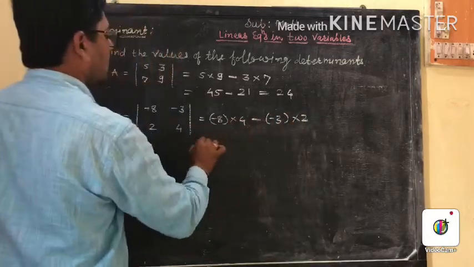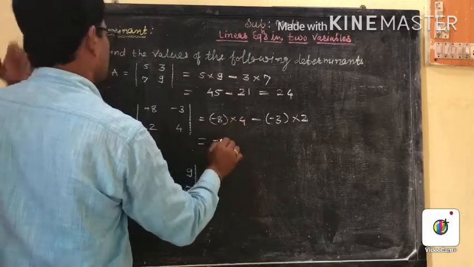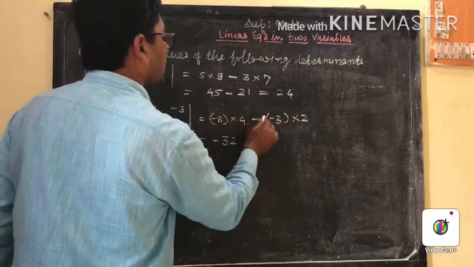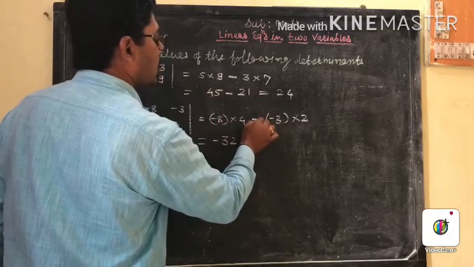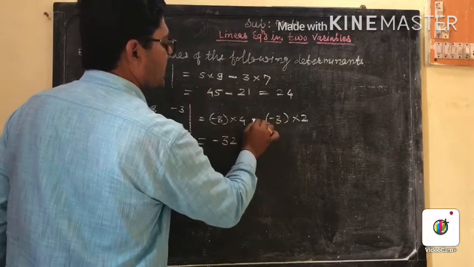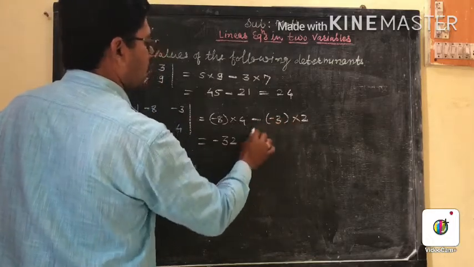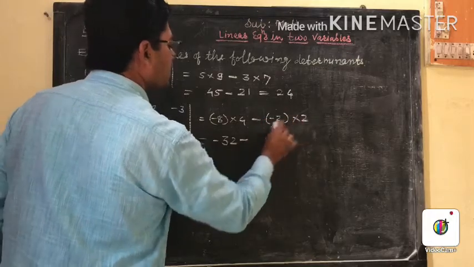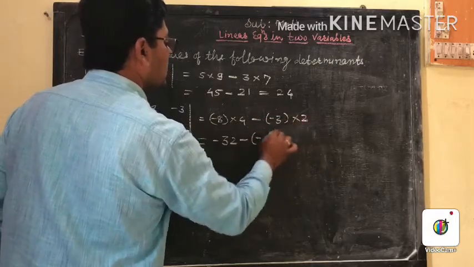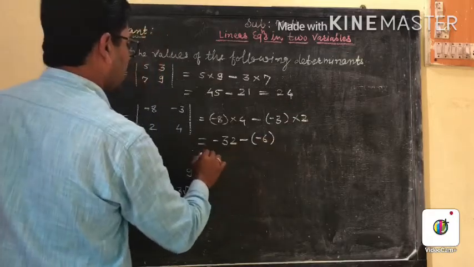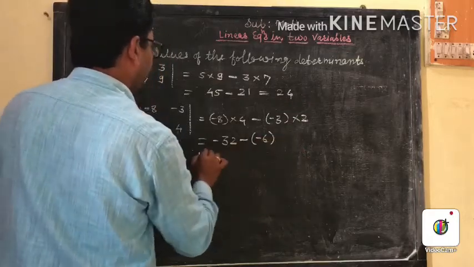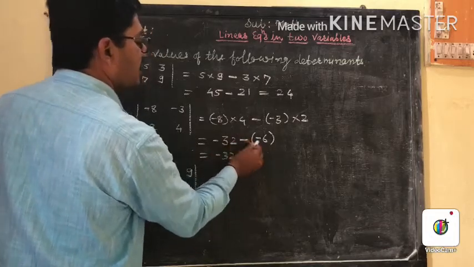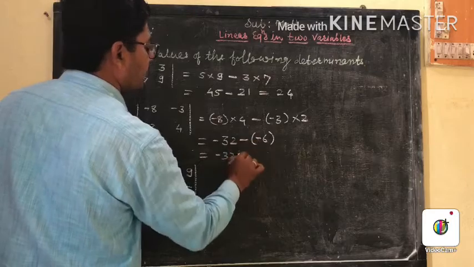Minus 8 into 4 is minus 32. The minus sign multiplied with the bracket minus 3 into 2 gives minus, minus, plus 6.